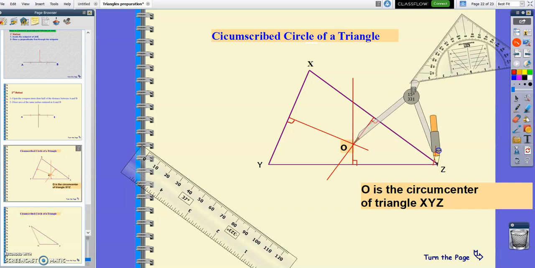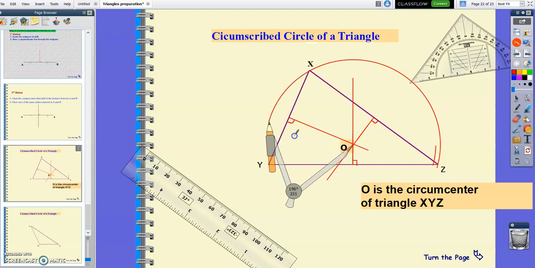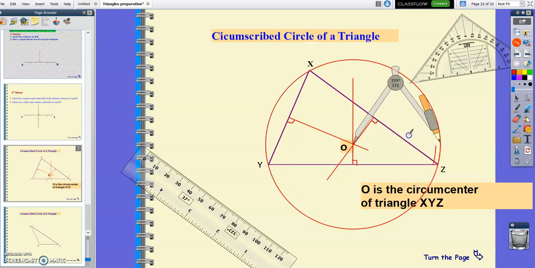Excuse me, I am facing some difficulties because I am drawing with the mouse. So we will draw a circle of center O, which is the circumcenter, and radius OZ.